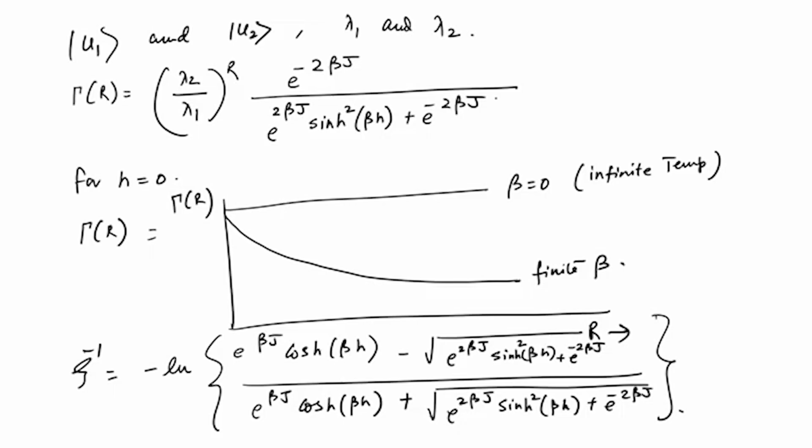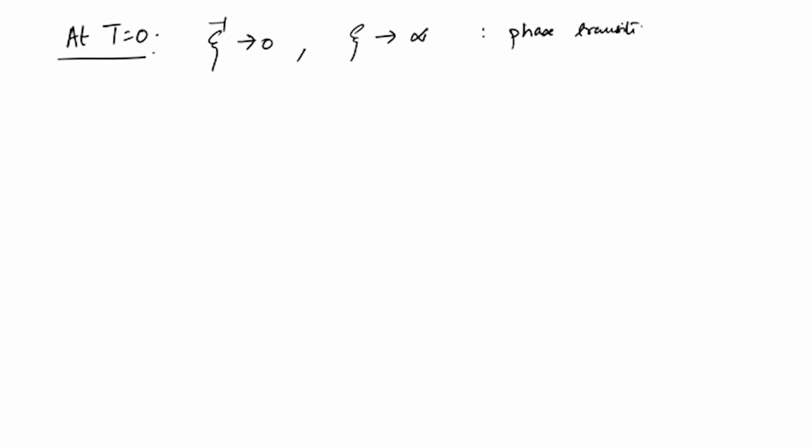and this correlation length is an important quantity in the discussion of phase transition. If you are at T equal to 0, then xi inverse goes to 0, which means xi goes to infinity, which means that there is a phase transition. Okay. And at T going to infinity, those are the two familiar limits for us.